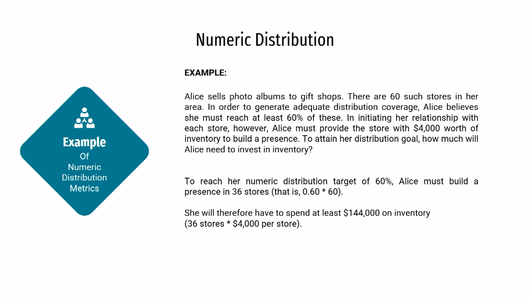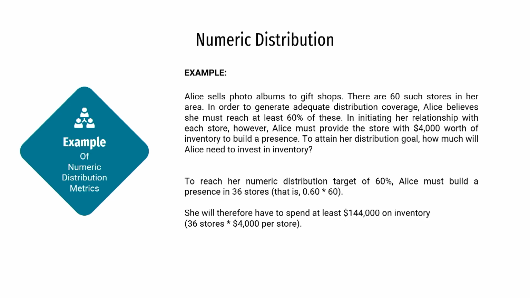To reach her numeric distribution target of 60%, Alice must build a presence in at least 36 stores, because the total number of stores is 60. So, 60% of 60 is 36. She will therefore have to spend at least $144,000 to reach this accessibility level, 60% accessibility, fine.